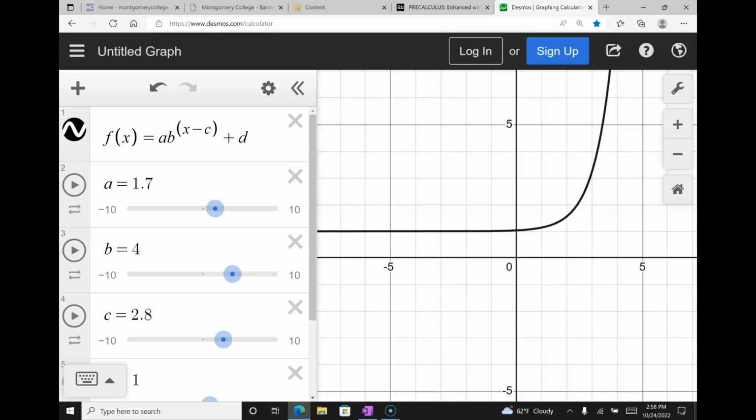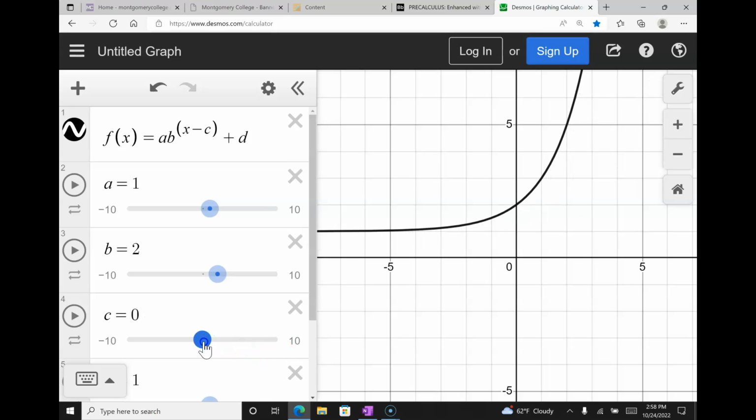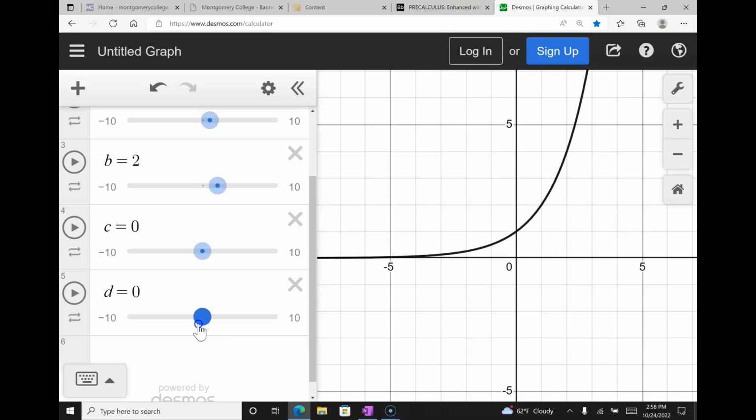So what I'd like to make is A is 1 so that there's no stretch, right? I want to make A as 1 so there's no stretch. It's an exponential with all of those possible shifts, right? But I'm really thinking of b to the x as my mother function. I want to let c be 0, and I want to let d be 0.